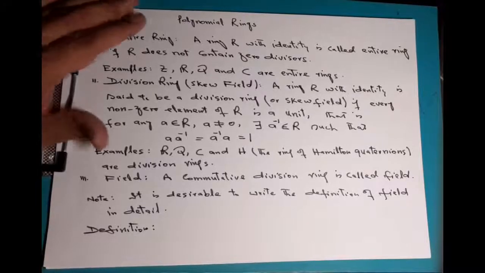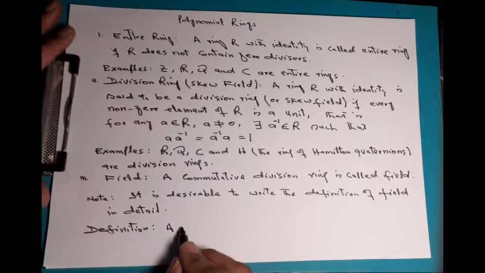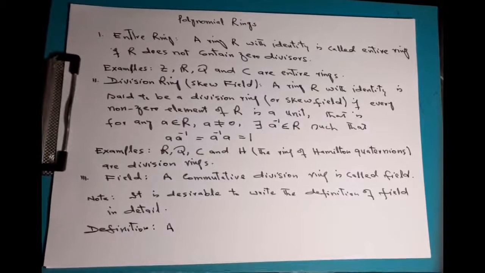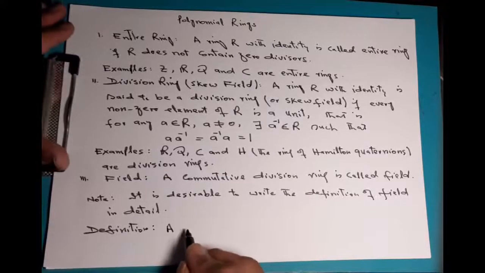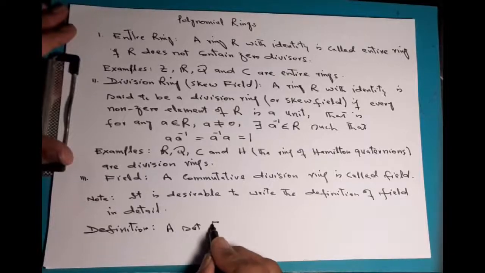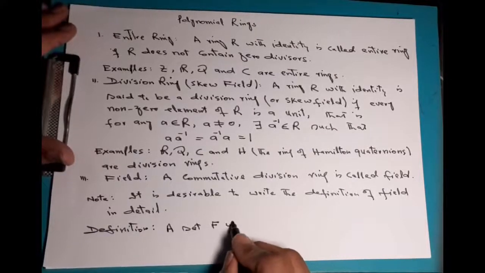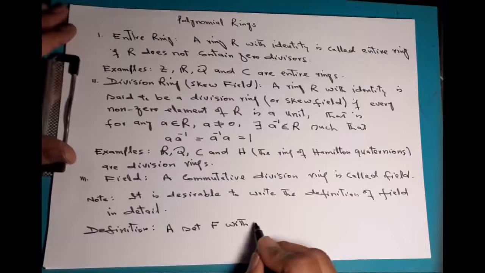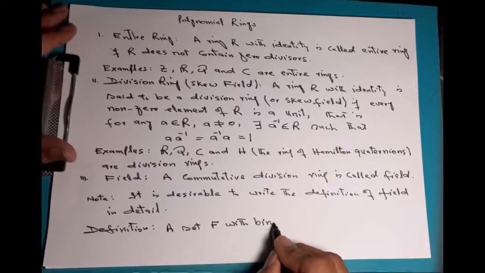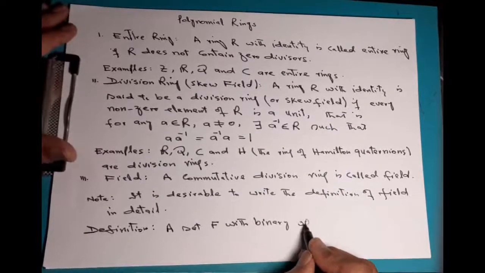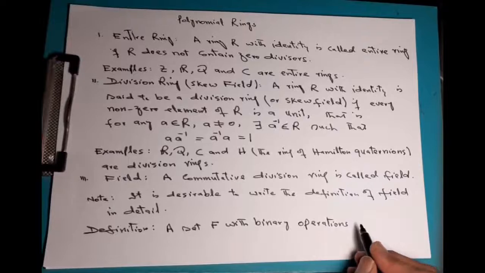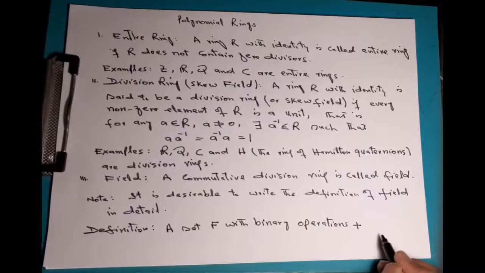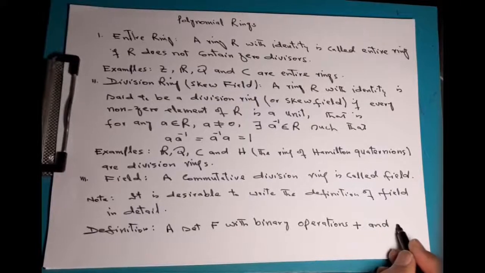So a set F with two binary operations. Since we are going to define field, and the word field starts with letter F, so we denote field mostly by letter F. So a set F with two binary operations, we denote one binary operation by the symbol addition, and second binary operation we denote it by dot.